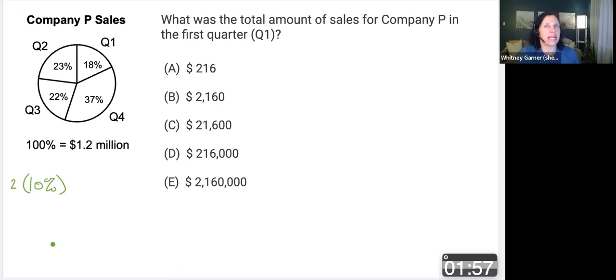It's going to be a lot smaller than a million. So there's absolutely no way that my answer can be 2 million. I'm not going to make $2 million as a fifth of a million.